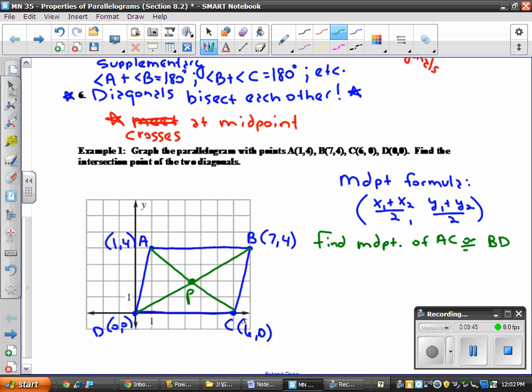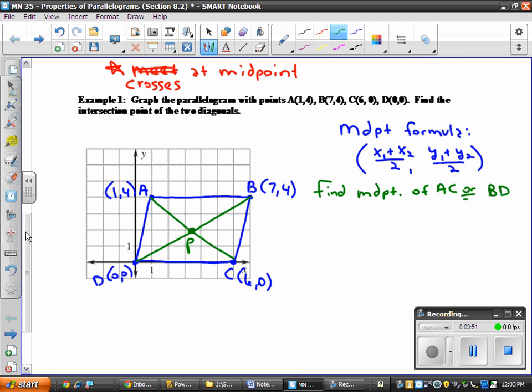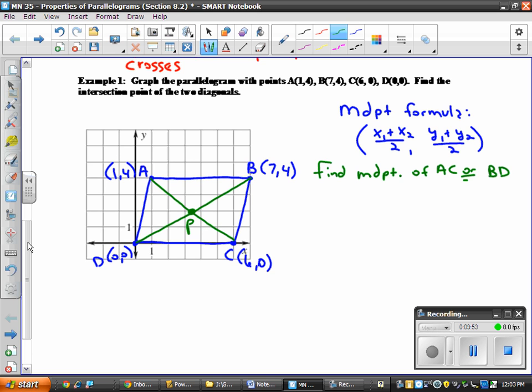And just to show you how it really doesn't matter which one you find, let me just extend this page here in a moment. There we go. I'm going to actually do both so you see that it really does not matter. I'm going to put AC's calculation over here. So I'm going to find my midpoint of AC over there, and I'm going to find my midpoint of BD over here. So the midpoint, and I'm going to put a little bit more notation here just so that we know what we're doing.